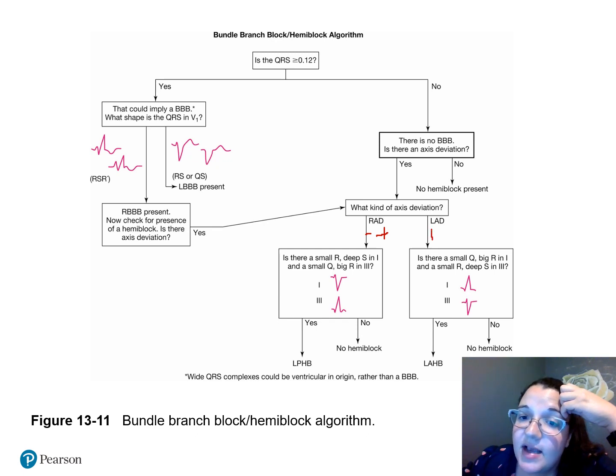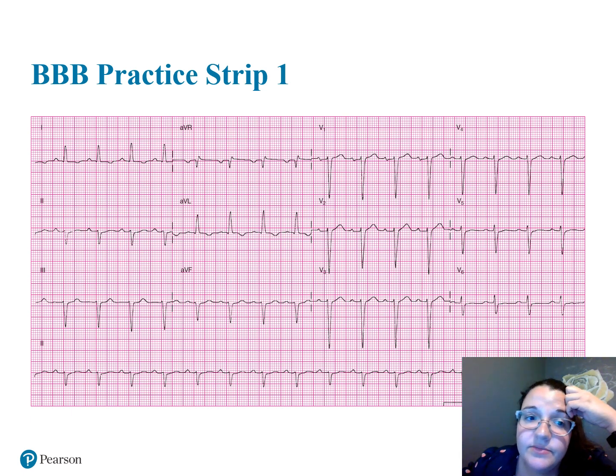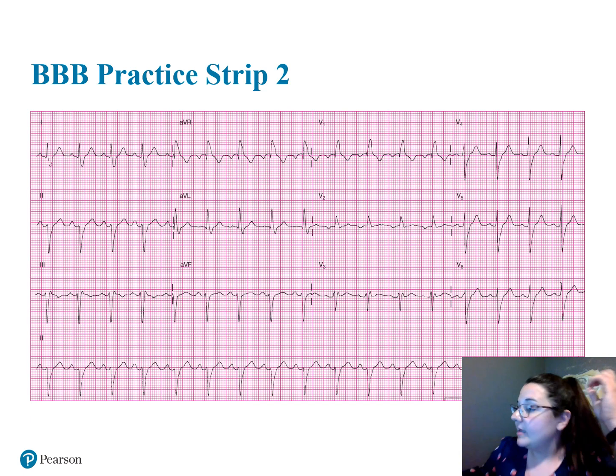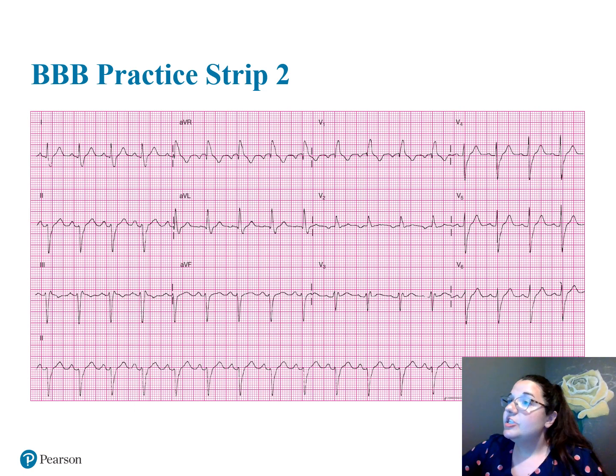Or if I was positive in lead 1 and then negative in AVF. Then I am to ask myself, if I am RAD, is there a small r and a deep S? And if I am LAD, is there a small q and a big R? Whoops, and I can't go back after that. I'm sorry. So that is your algorithm.